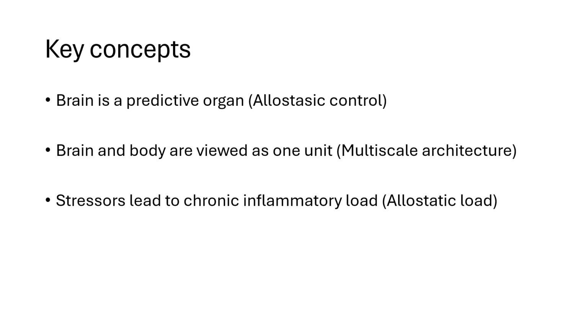This is the construct of embodiment or multi-scale architecture. But from a practical perspective, this concept of allostatic load, stressors, physical, psychological and social, lead to a chronic inflammatory load, which then reduces the migraine threshold, impacts upon the brain's cognitive ability and in particular its predictive ability, leading to the problems that we see in migraine.